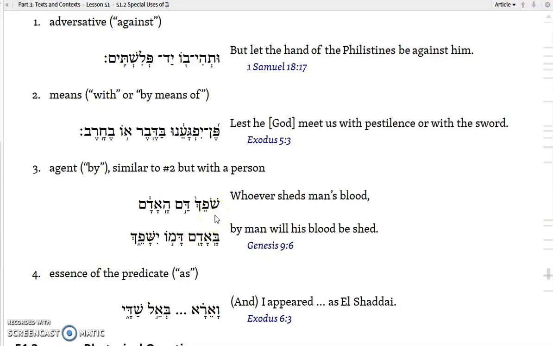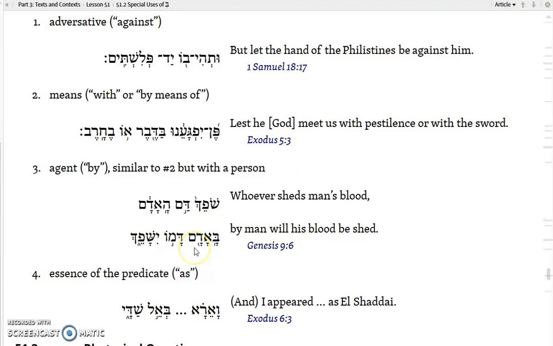And here it says, Shofekh dam ha'adam, ba'adam damo yishafekh. The one shedding the blood of a man, by man his blood will be shed.